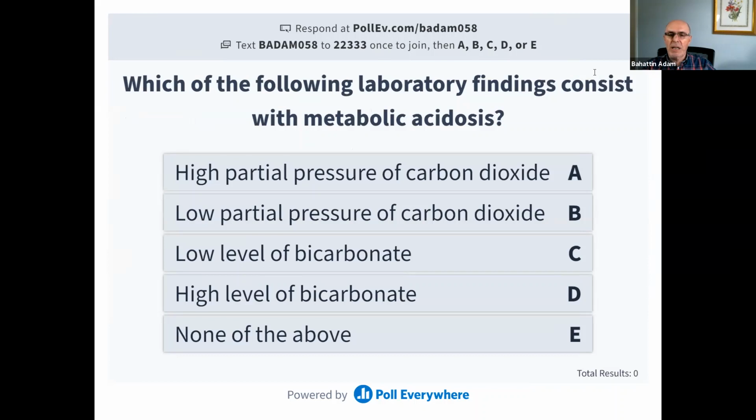Metabolic acidosis is a low pH. If it's metabolic, which electrolyte will change?